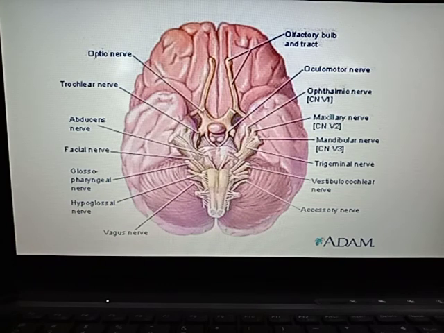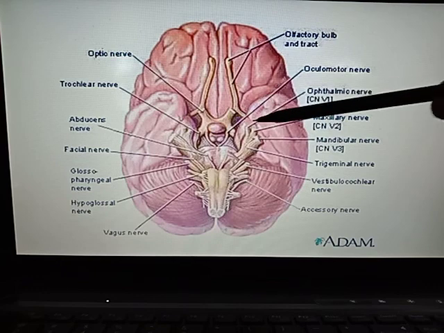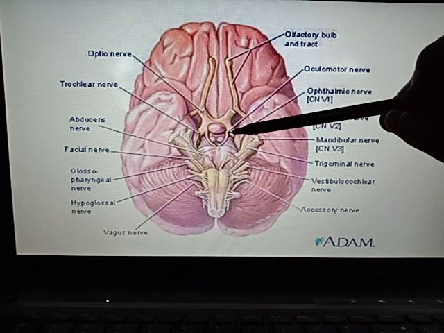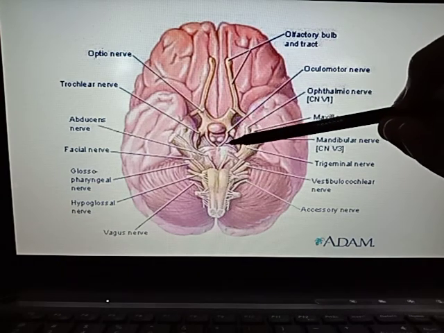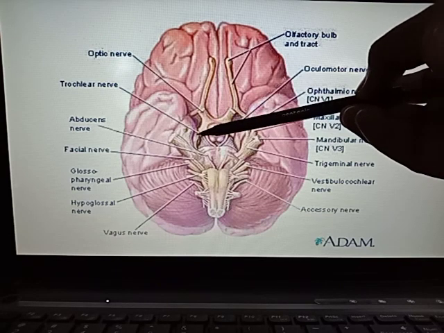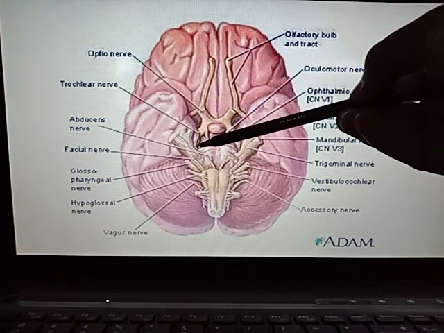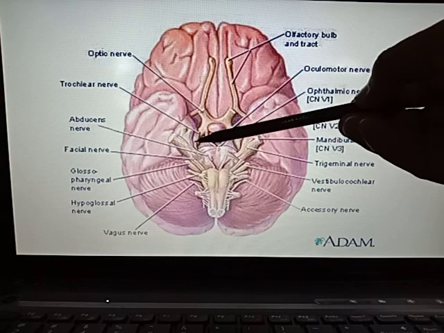Here come to the position of this trochlear nerve. In the previous class, you know, this is the oculomotor nerve which comes out from the medial side of this, and it is the trochlear nerve.